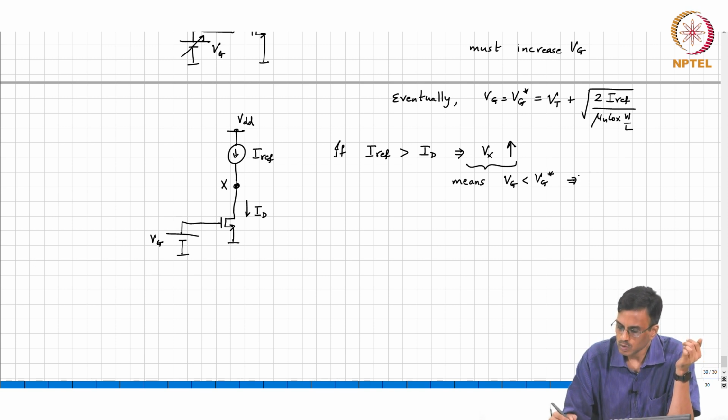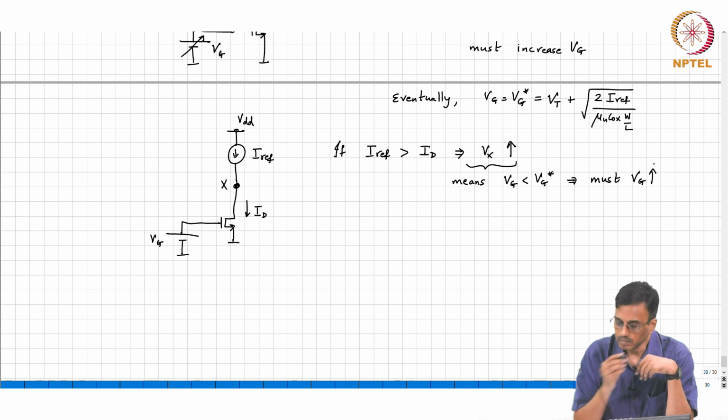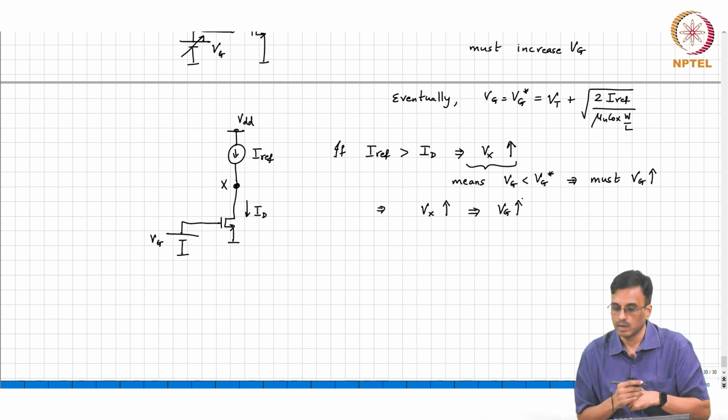So, what must I do? Must increase Vg. So, to summarize, if Vx goes up, I must increase Vg. All right.